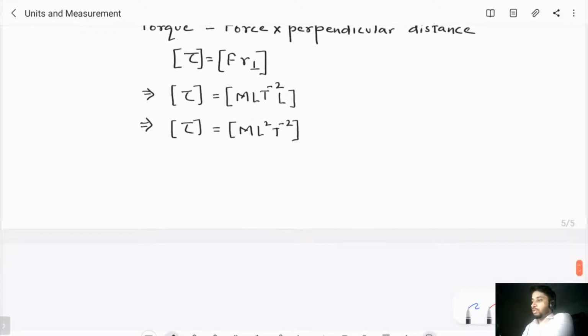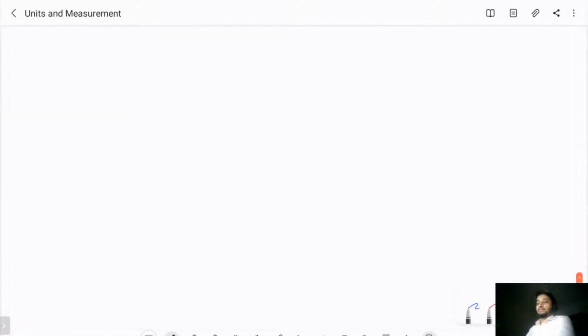So let us move on to the next physical quantity, that is plane angle. So plane angle is generally represented by theta, and the SI unit for angle is radian.